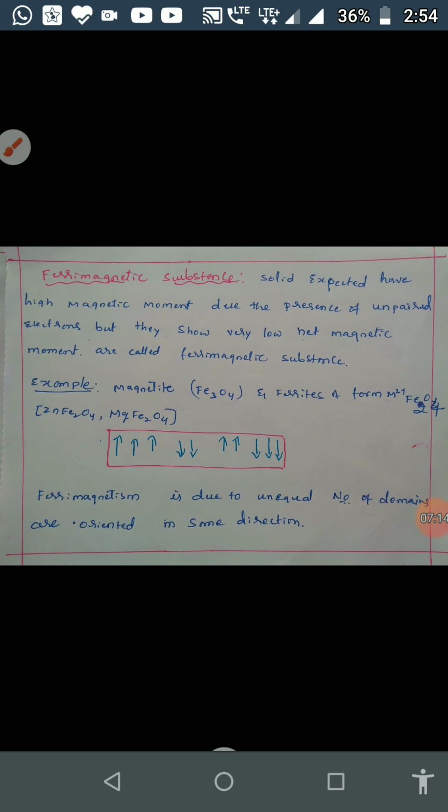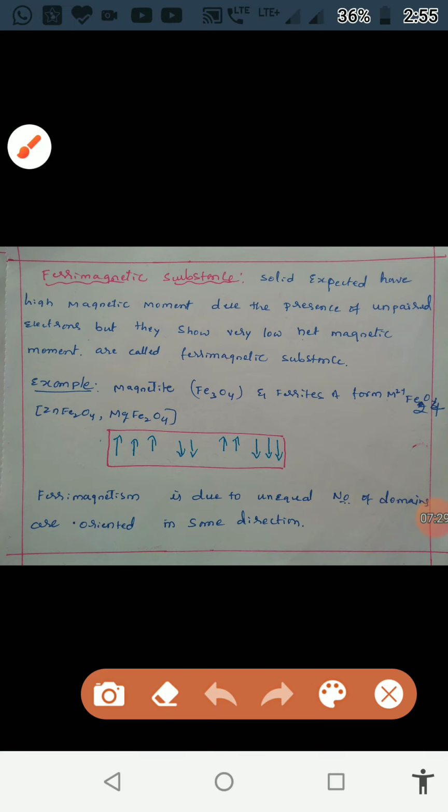Next, we shall move on to ferrimagnetic substances. Ferrimagnetic substances are solids expected to have a high magnetic moment due to the presence of a larger number of unpaired electrons, but they show a very low net magnetic moment.